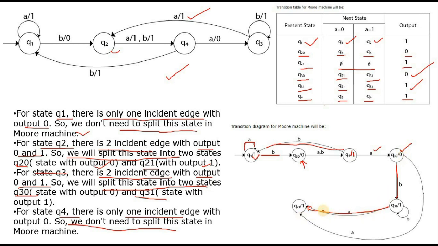Okay, that's why. So from Q3 0 to Q2 1 with input 1. But the Q3 1 to Q2 1 is different with input 1, but Q3 0 to the Q2 1 is 1.